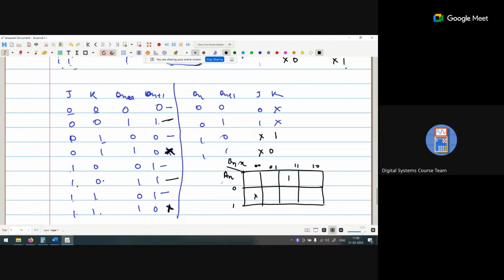Here is 1 and the remaining are all don't care. So this is the equation.